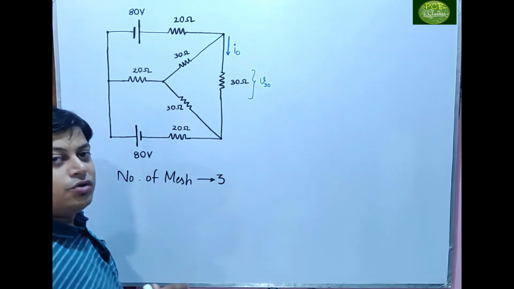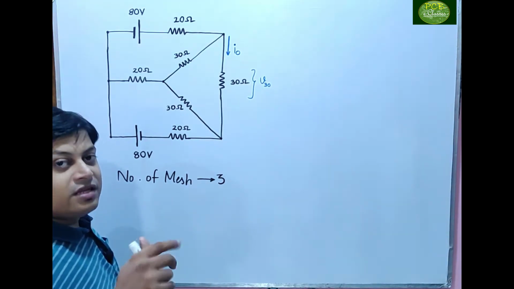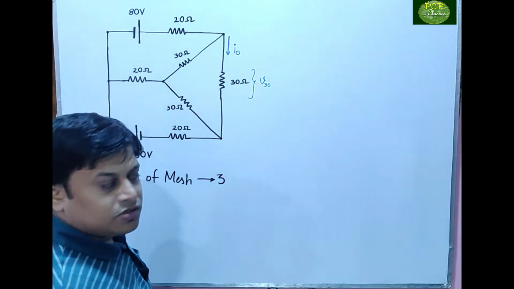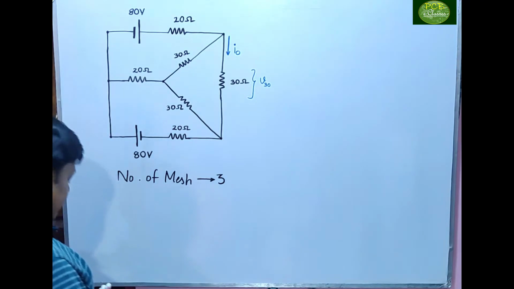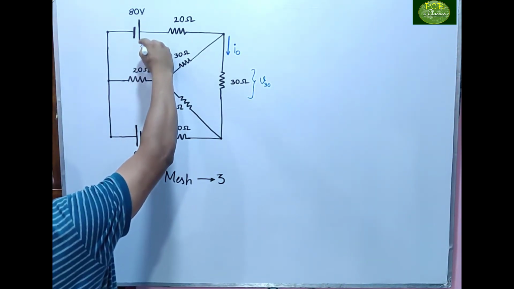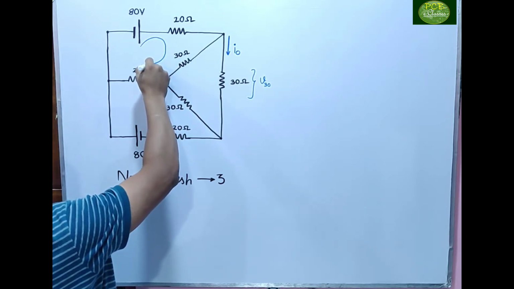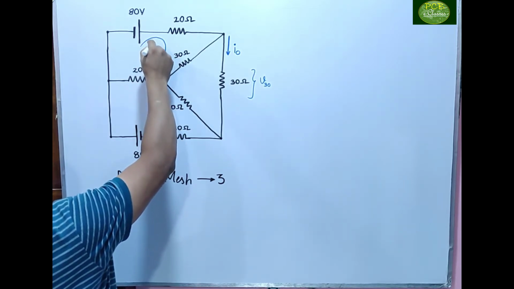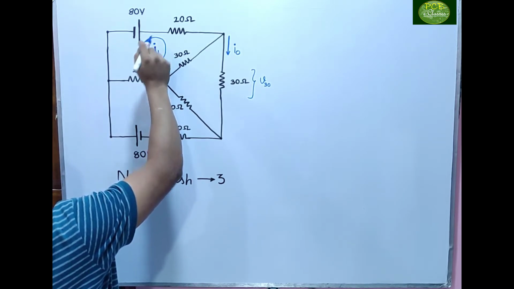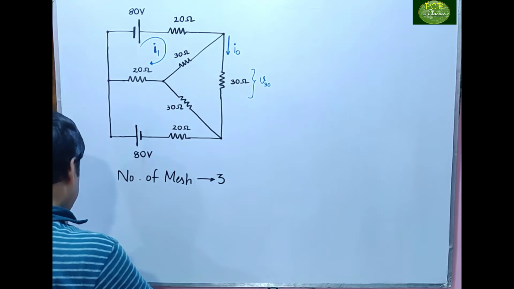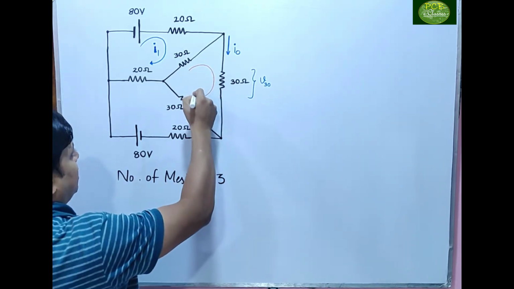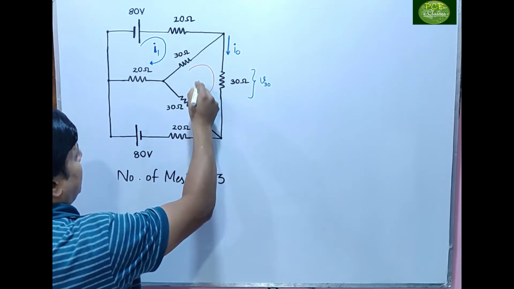You have to assume a current with direction. Generally I take the clockwise direction, so let us do that. The current flowing in this mesh is I1. Similarly, the current flowing in this mesh I am considering as I2.